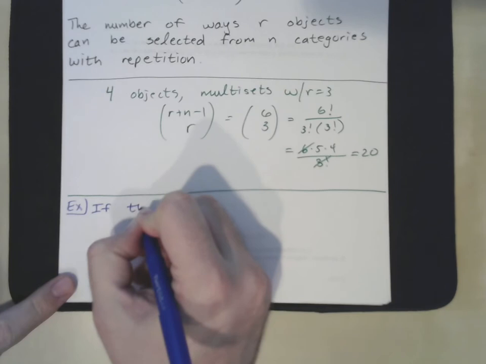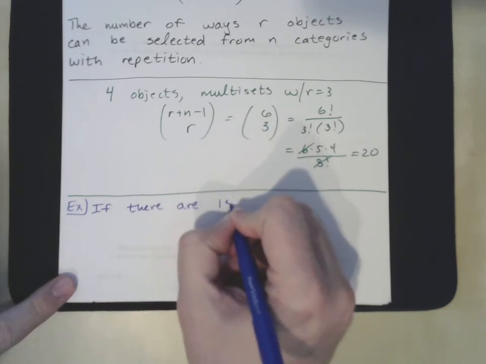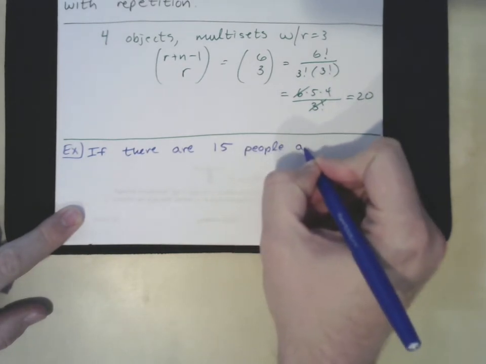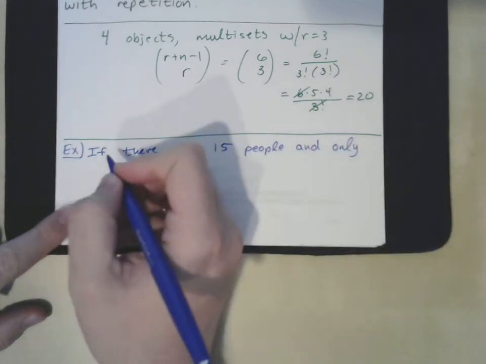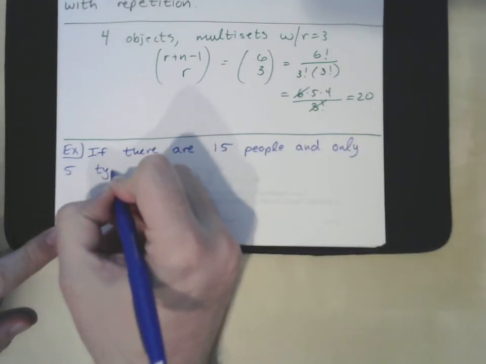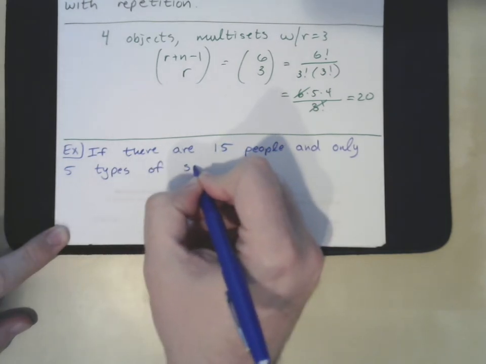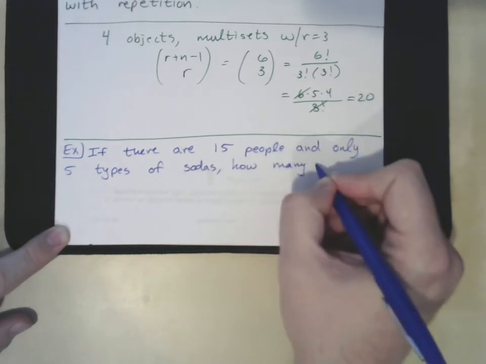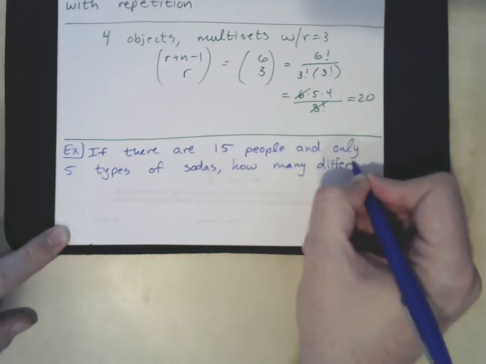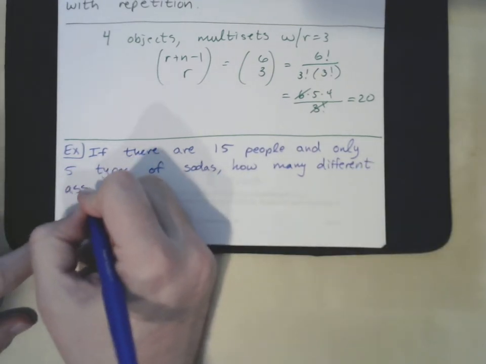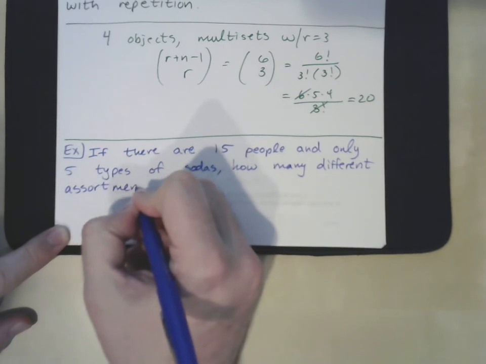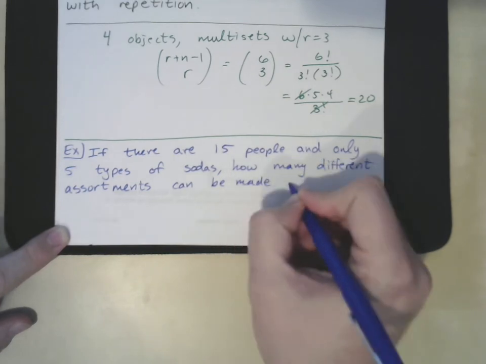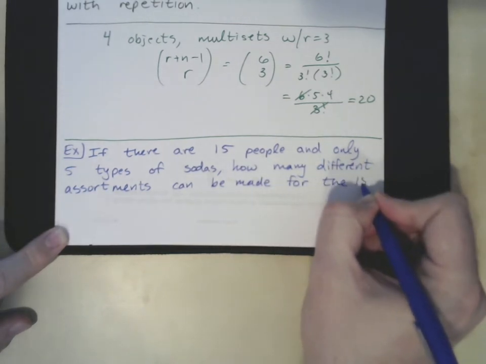So if there are 15 people, and only 5 types of sodas, how many different assortments can be made for the 15 people?